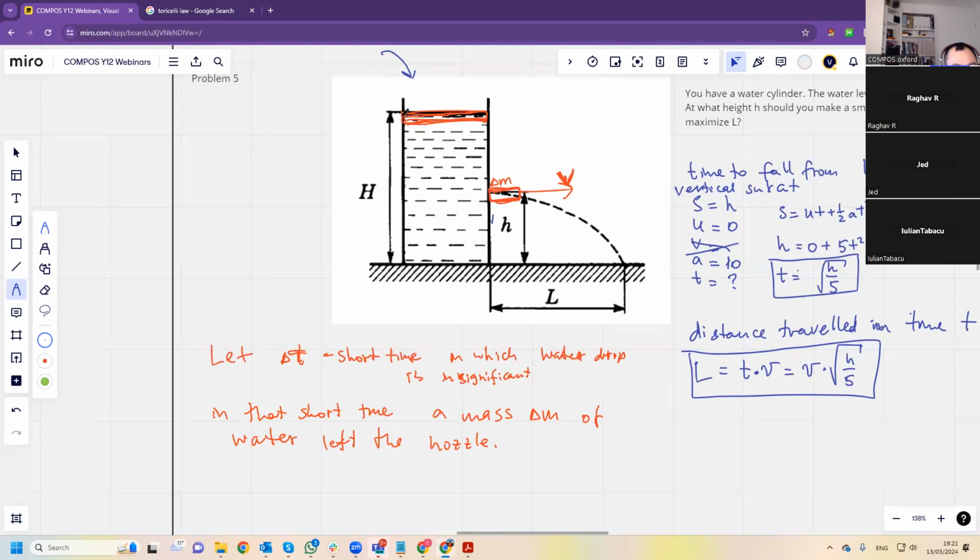And an equal amount of water was removed from the top.